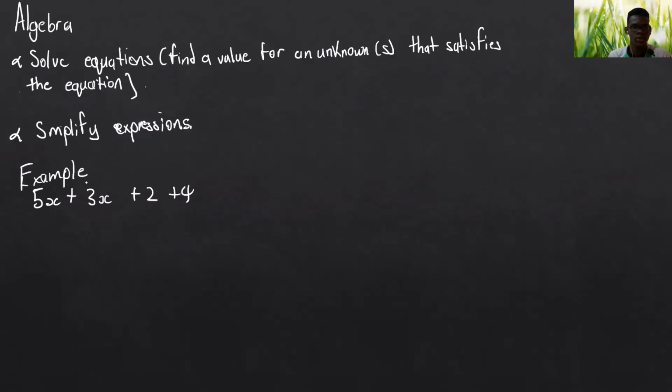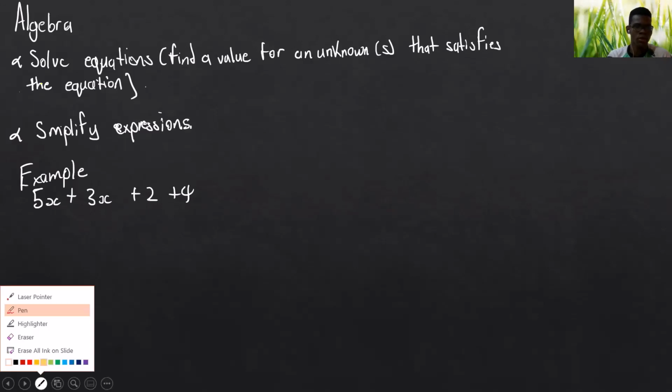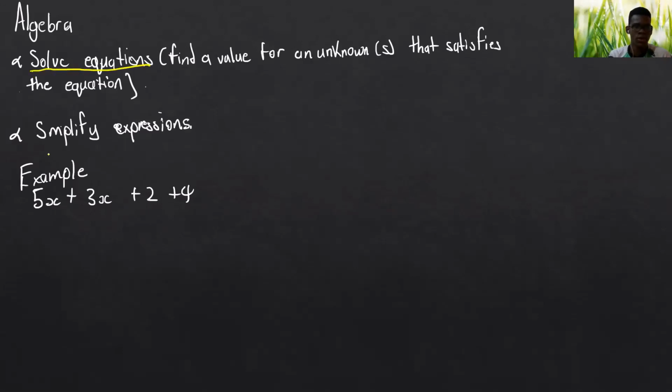You don't need to take it down. This is what's known as an expression, and it's known as an expression because there's no equal sign. Once it doesn't have an equal sign, it is not an equation. You're looking at an expression.